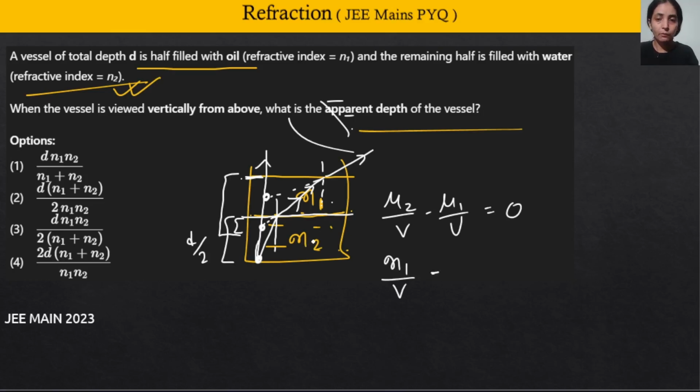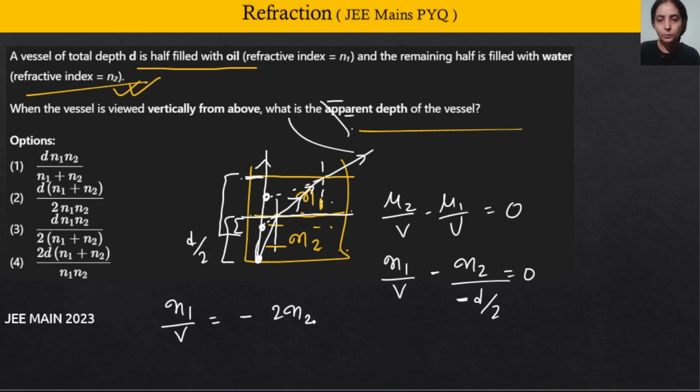Mu 1 is the refractive index of the medium of the incident light. So this is n2 by u. For u, you are measuring distance from the surface downward, while the incident light is going upward, so definitely negative. And this is negative of d by 2, equal to 0. So n1 by v is equal to how much? This is minus of 2n2 by d.